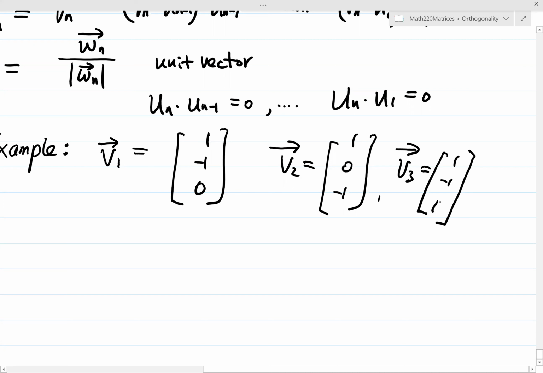So the first step, U1 is V1 divided by the V1 norm. So this will be 1 over square root 2, 1, negative 1, 0.